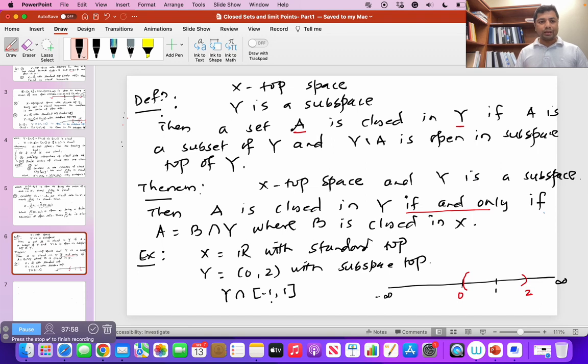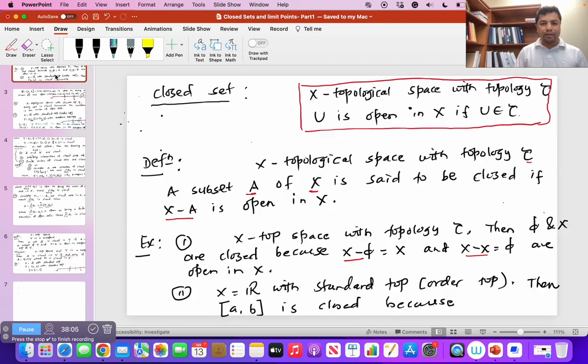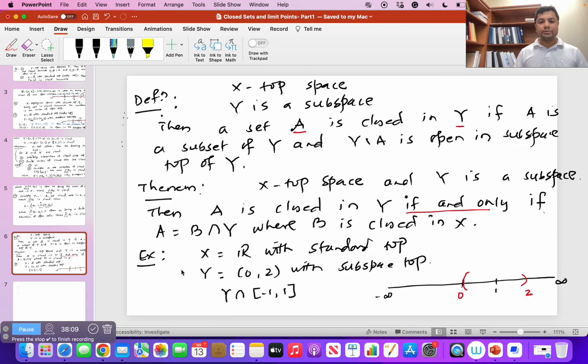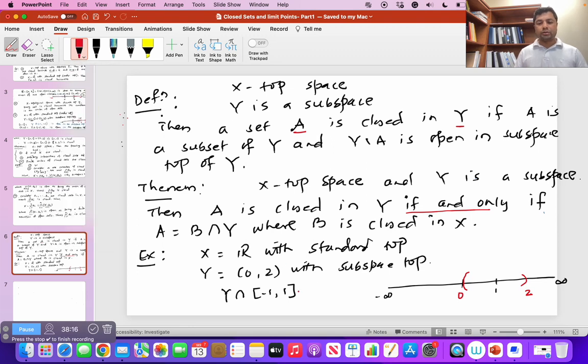I think that was the second example of closed sets, where we saw that this kind of interval is a closed set in R with the standard topology or the order topology.